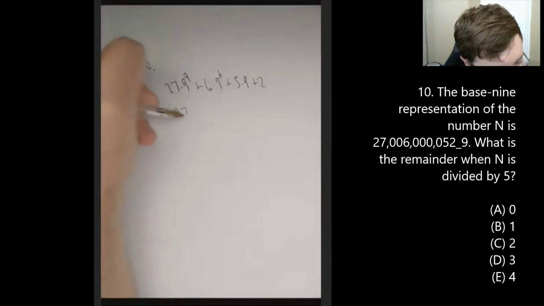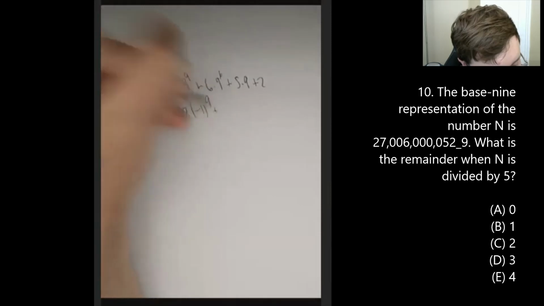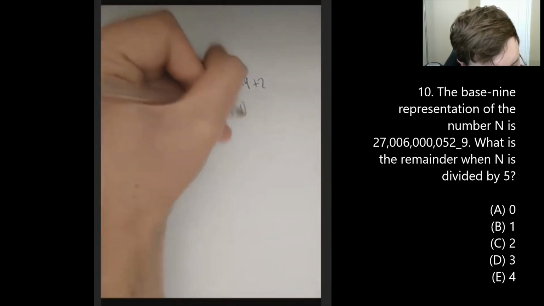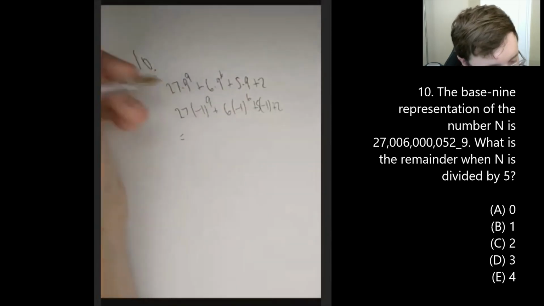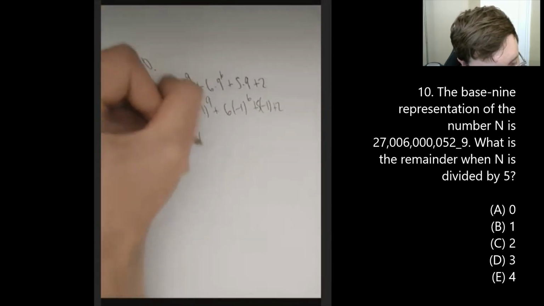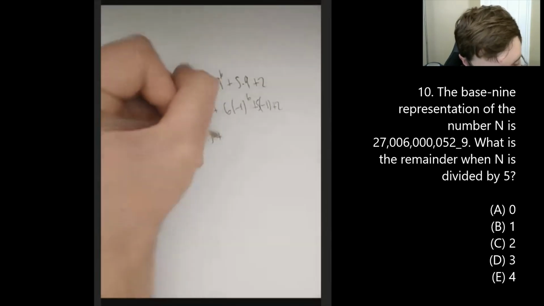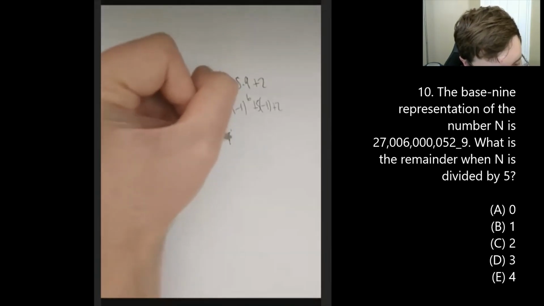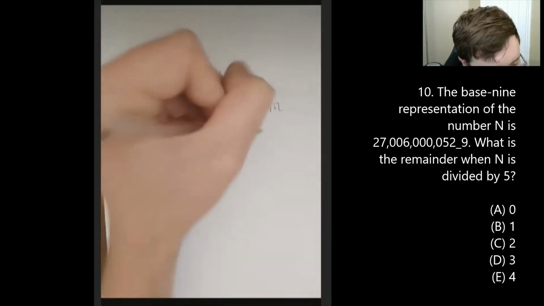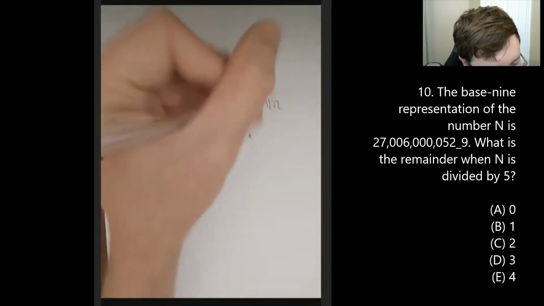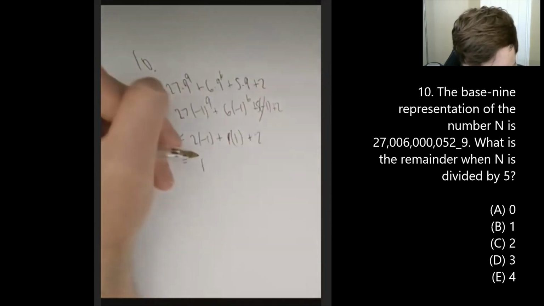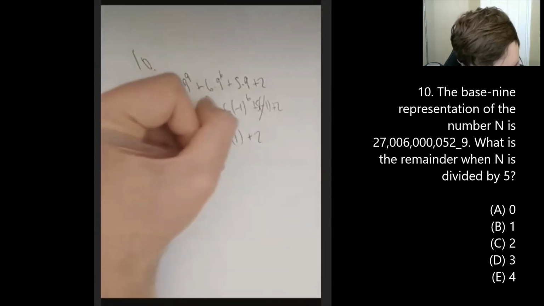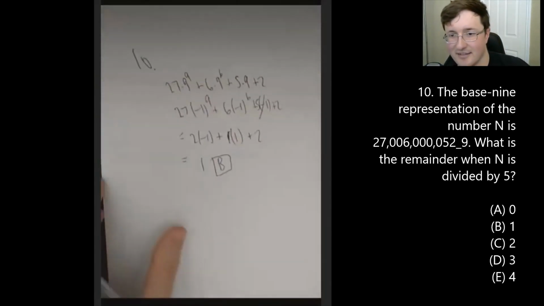So it's 27 times minus 1 to the 9th plus 6 times minus 1 to the 6th plus 5 times minus 1 plus 2. Okay, well, and 27 is 2, so it's 2 times minus 1. Oh, okay, maybe I'm doing it right. 6 is 1, that's 1. 5 is 0. Okay, so it's minus 2 plus 1. Okay, 1, which is B. Did I get that right?